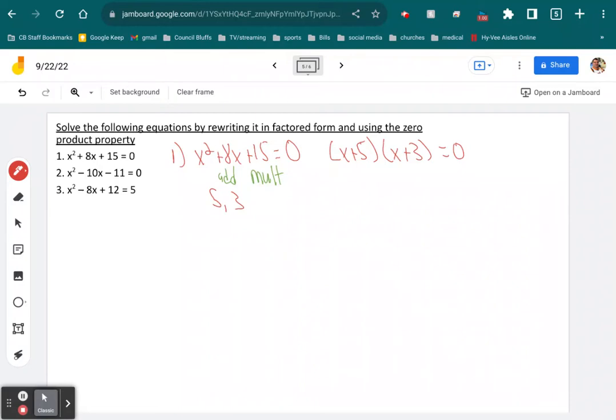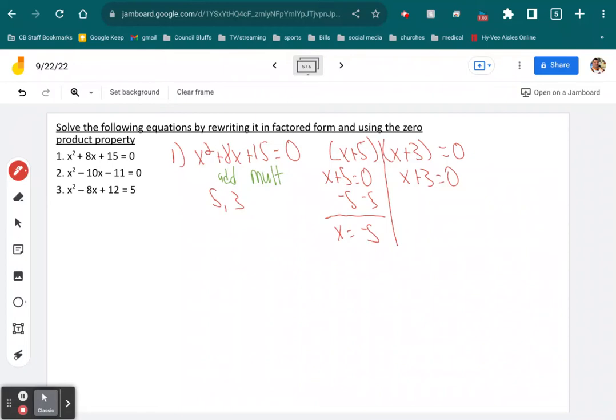And then to figure out my solutions, I can now take both of these factors and set both of these factors equal to 0. So x plus 5 equals 0 and x plus 3 equals 0. On this first factor, x plus 5, I'm going to solve that by subtracting 5 from both sides, and I get x equals negative 5.